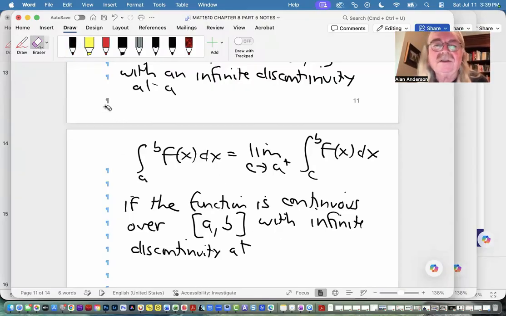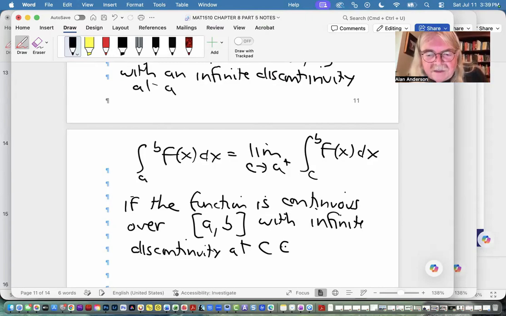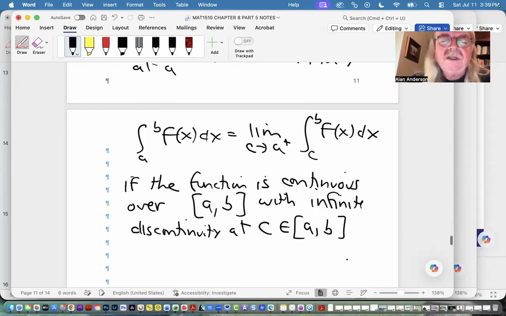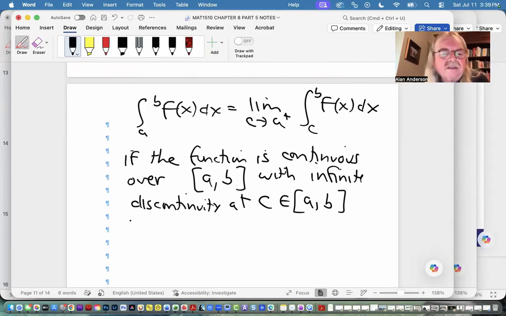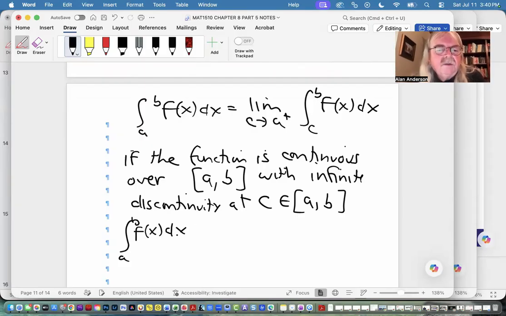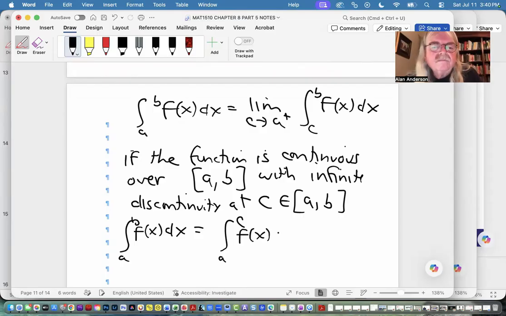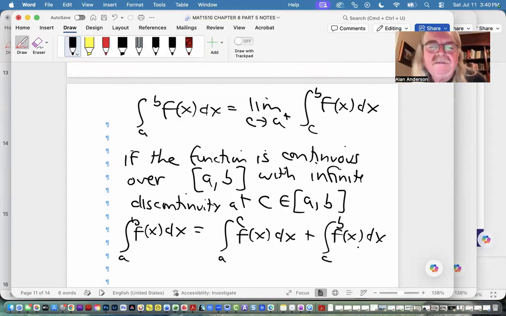Otherwise, it would be kind of senseless. So I'm going to put this little symbol here, element of (a, b), just to make sure it's clear that c has to be in there somewhere. Then we can replace this expression with this. And again, that way we can still solve for it.